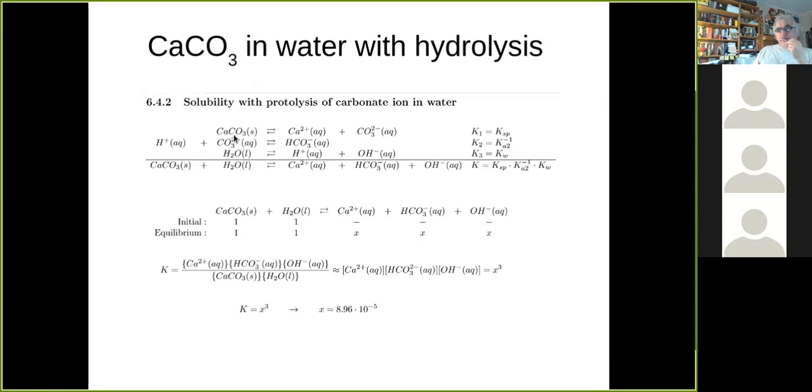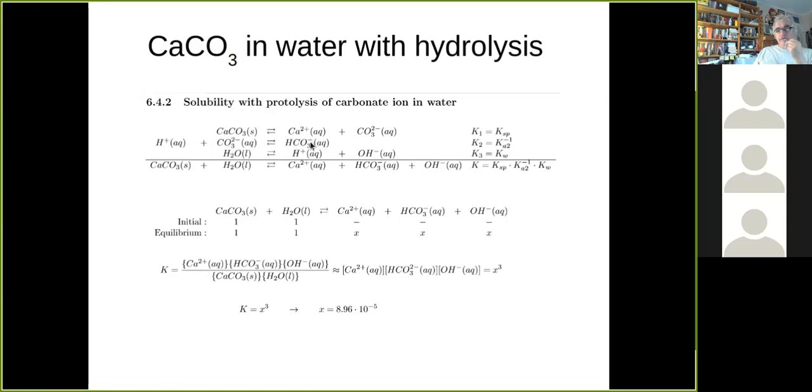The calcium carbonate is dissolved as usual, and we have an equilibrium constant for that. So what to do with the carbonate ions? Well, there is this reaction of hydrogen carbonate going to carbonate and hydrogen ions that is occurring now and then.